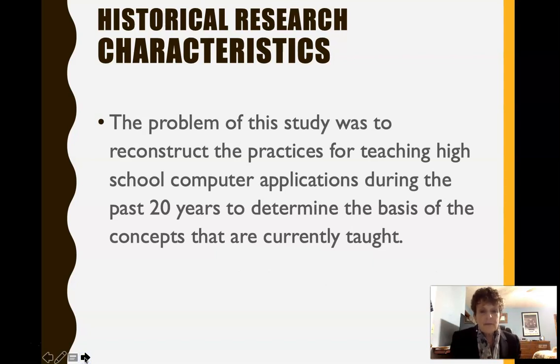So here's an example. The problem of this study was to reconstruct the practices of teaching high school computer applications during the past 20 years to determine the basis of concepts that are currently taught. So when you really think about it, computers have changed education exponentially, and the way that they have grown and really become an integral part of everything that is done in education, it's almost hard to think back 20 years.